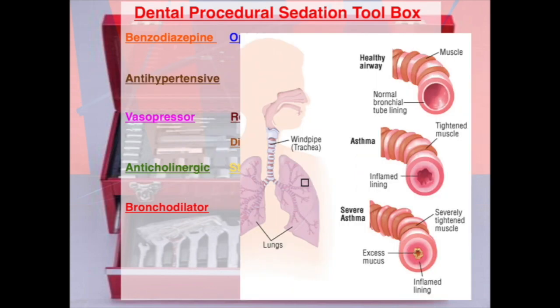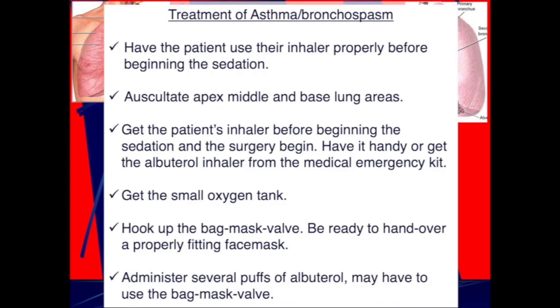So we want to have nice opened bronchial tube linings. We don't want anything that's going to spasm or have any secretions, so that the patient isn't air hungry or going through that and not able to move air and their sats are dropping. There's a list right here of the treatment for asthma bronchospasm.